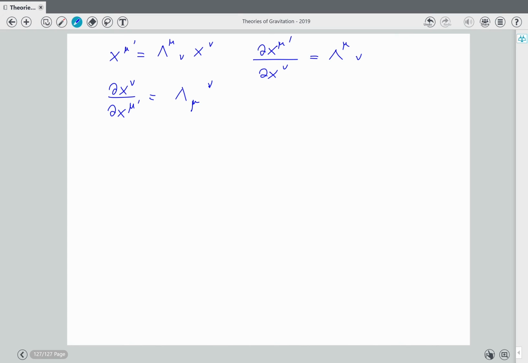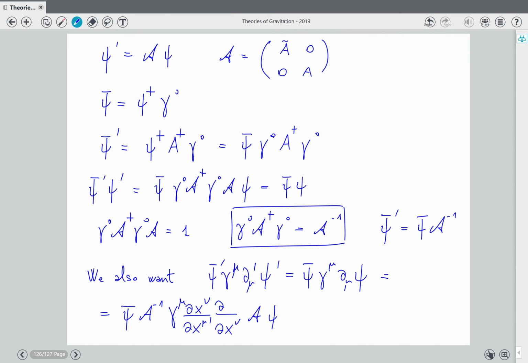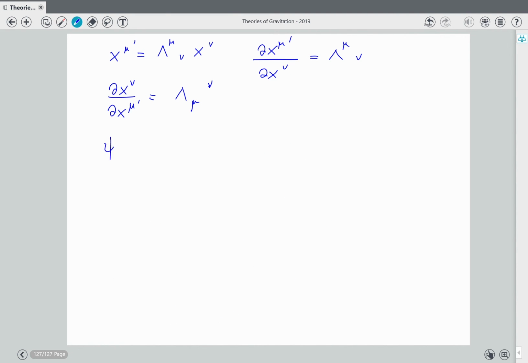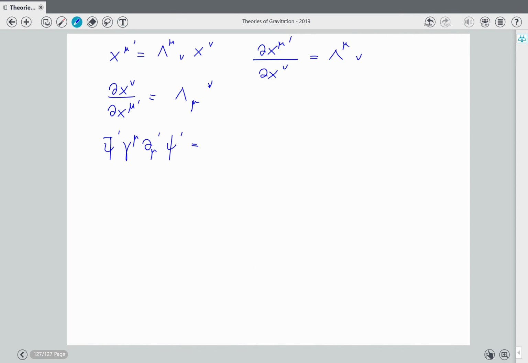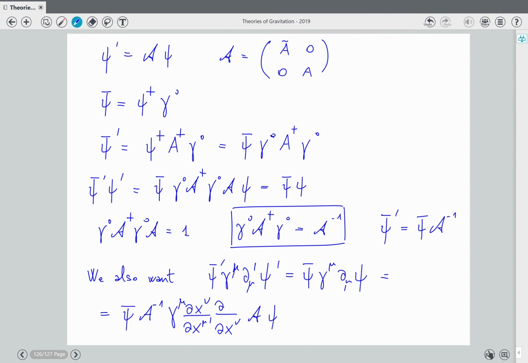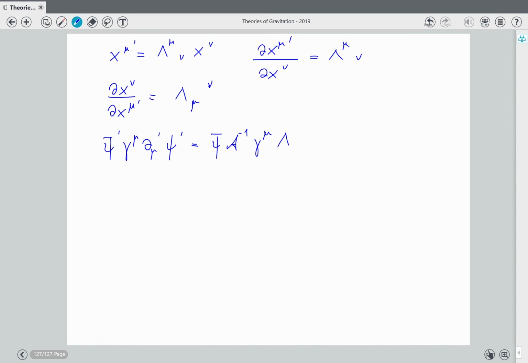So to rewrite this, we have psi bar prime gamma mu partial mu prime psi prime. That is equal to what? Psi bar A to the minus 1 gamma mu. Then there is this lambda mu nu partial nu.